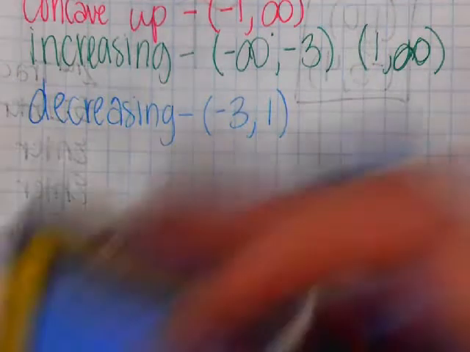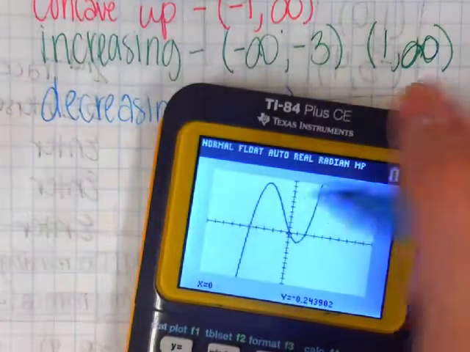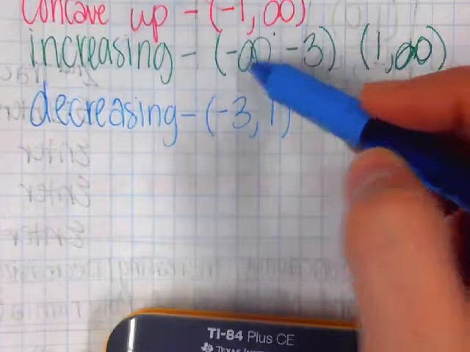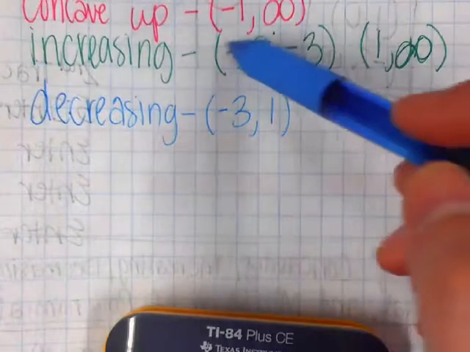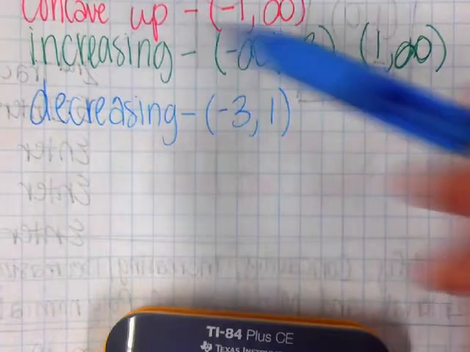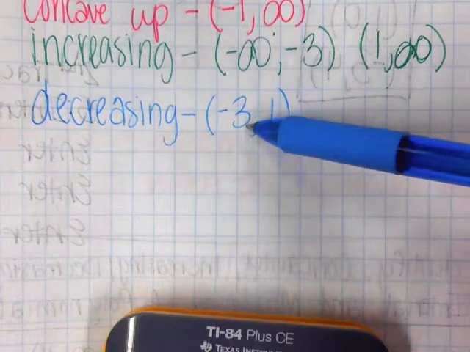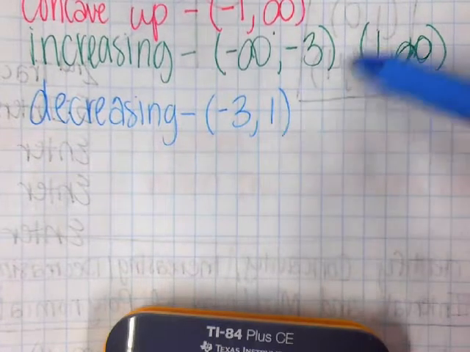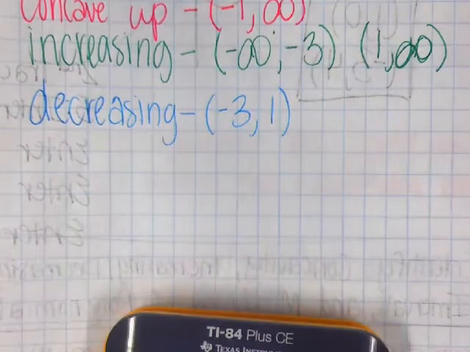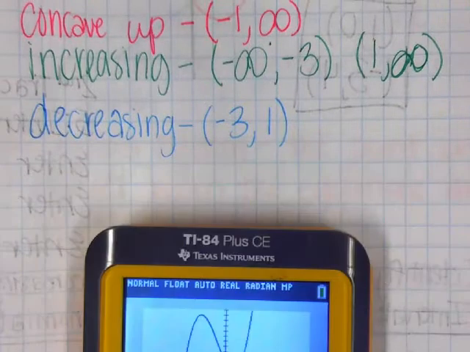Okay, the function is always either increasing or decreasing. I guess the only time it wouldn't is if it was just a straight across line. But typically you should have all intervals covered. So from negative infinity to negative 3, it was increasing. Well, then it's going to switch to decreasing, so negative 3 to 1. And then from 1 to infinity, it increases.